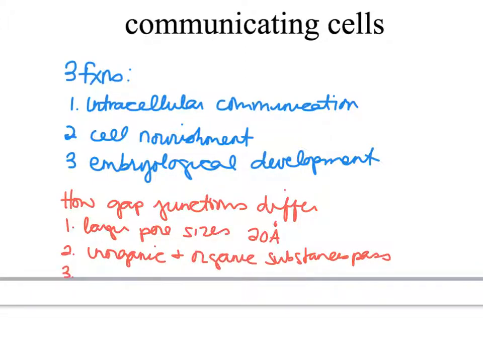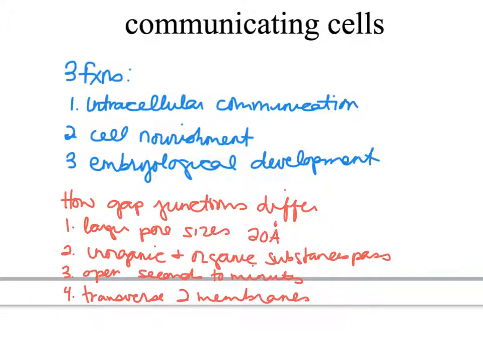The gap junctions can be open seconds to minutes, whereas other channels are only going to be open for milliseconds. Gap junctions are going to traverse two membranes of cells that are close to one another. So it involves two cells rather than just a pore within one cell.